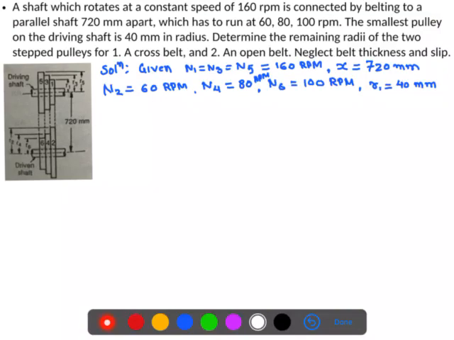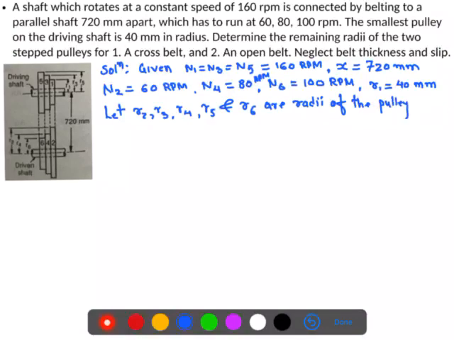So let R2, R3, R4, R5 and R6 be the radii of the pulleys 2, 3, 4, 5 and 6 respectively.